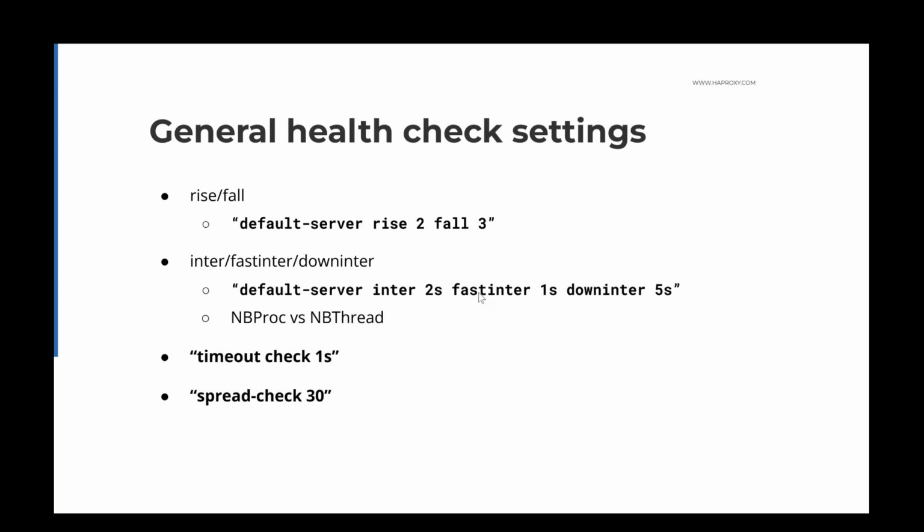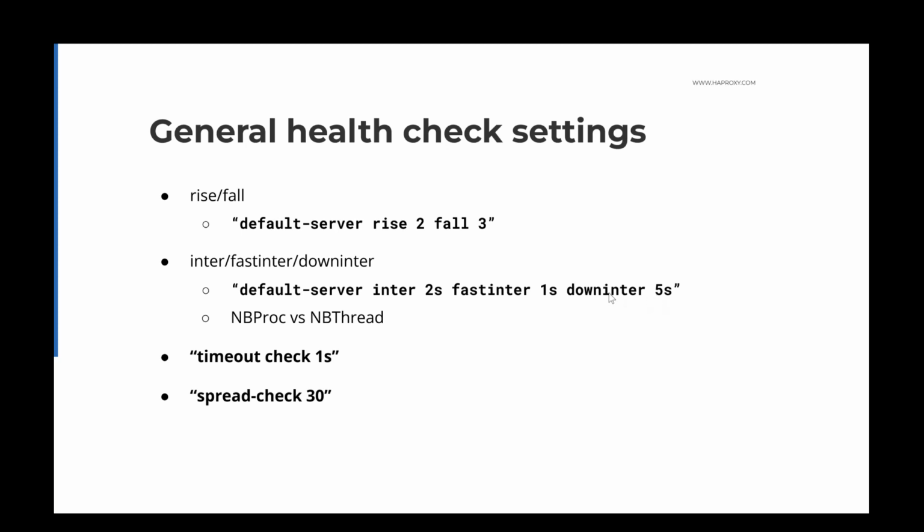We have fastinter, which normally just defaults to whatever you have inter set to, but you can set it to something like 1 second here. Fastinter applies when a server is either partially up or partially down. Again, something I'll explain in the next slide. And downinter applies only when the server is actually down. So if a server has failed all its health checks, how frequently to do health checks.